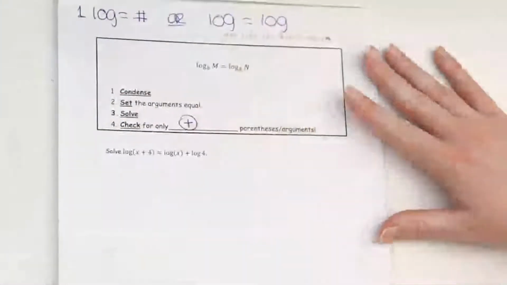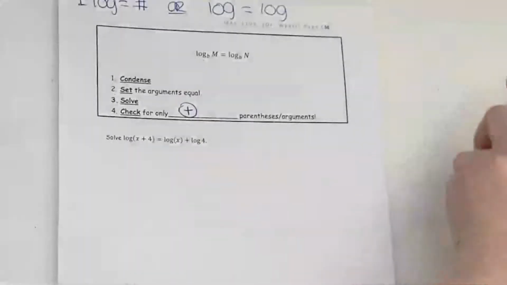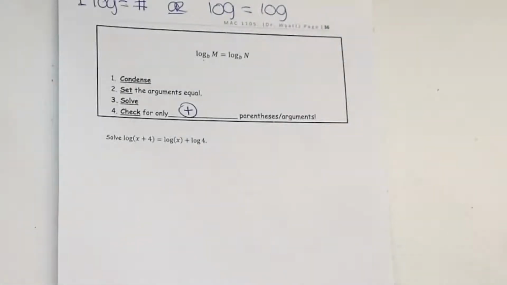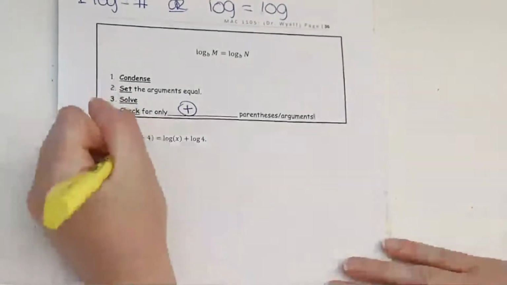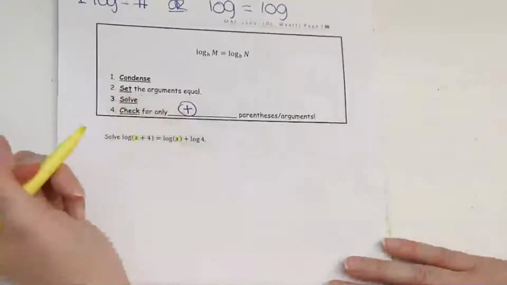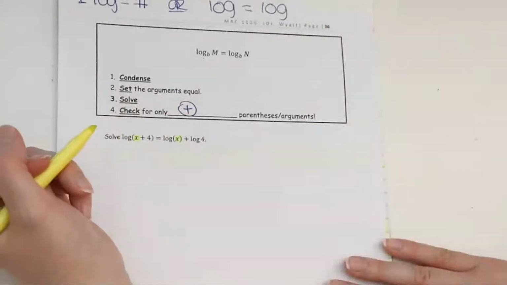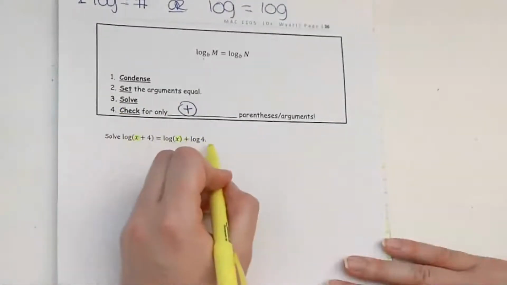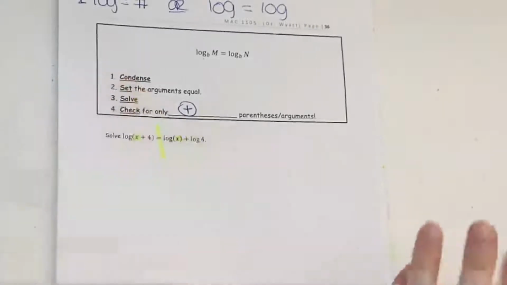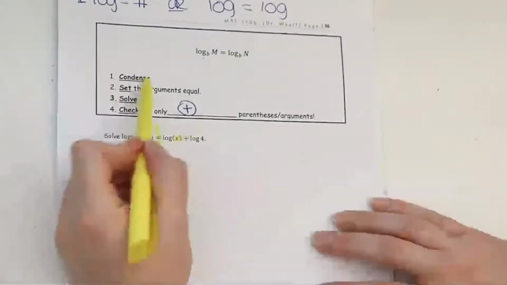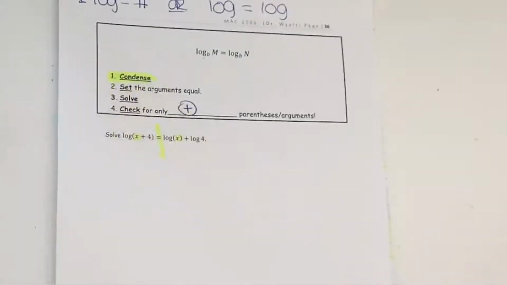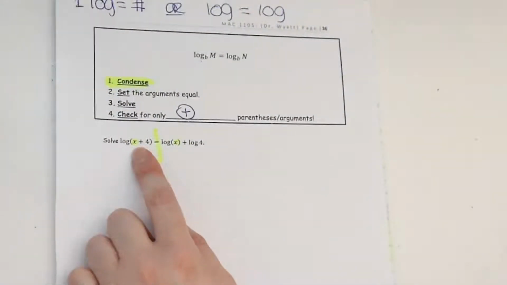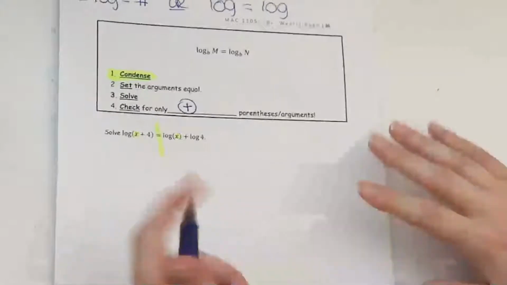Okay, so when you look at this question below here, again, you're going to identify where your variables are. So you have a variable in this argument, a variable in this argument. You'll notice that you have 3 logarithms. So you want to look on the left-hand side and say, okay, is that log as condensed as it possibly can be? And in this case, there's nothing to simplify further for the log.